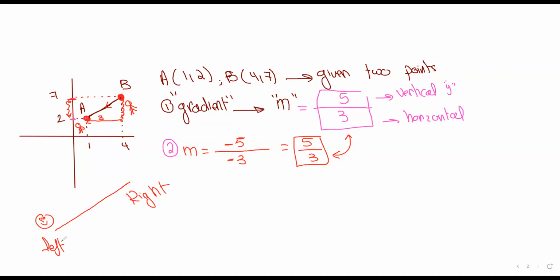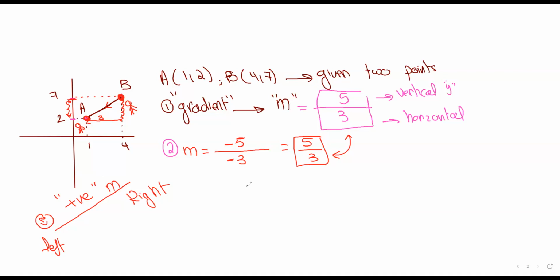Any line from left to right going up will end up with a positive gradient. Always, guys, to determine whether the line goes up or down or whatever, I always look from the left. So do we solve in the exam this way, drawing and counting and all that? No, definitely not. This is not how we're going to solve in exams.